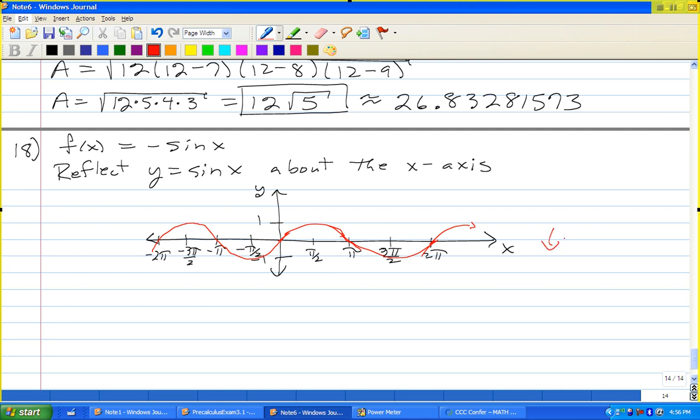And now let's reflect. So this is the graph of y equals sine x. Let's reflect this about the x-axis. And so it should look something like this.